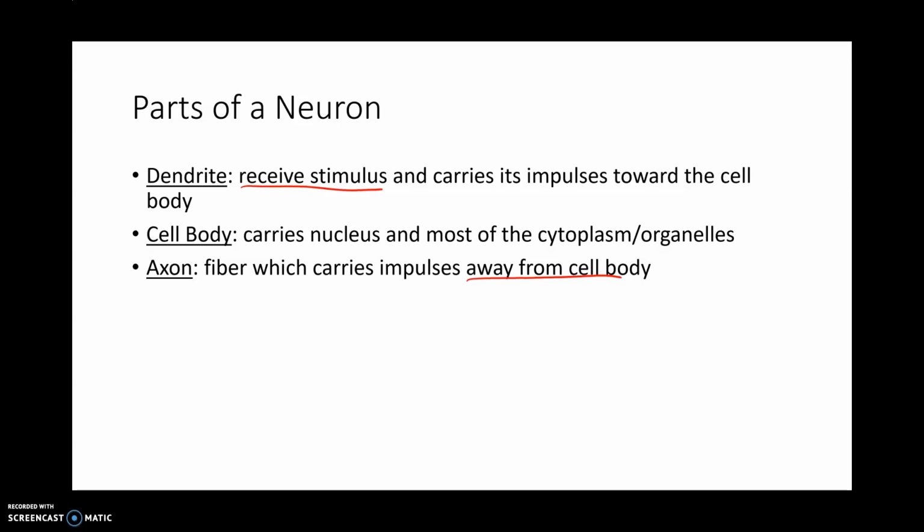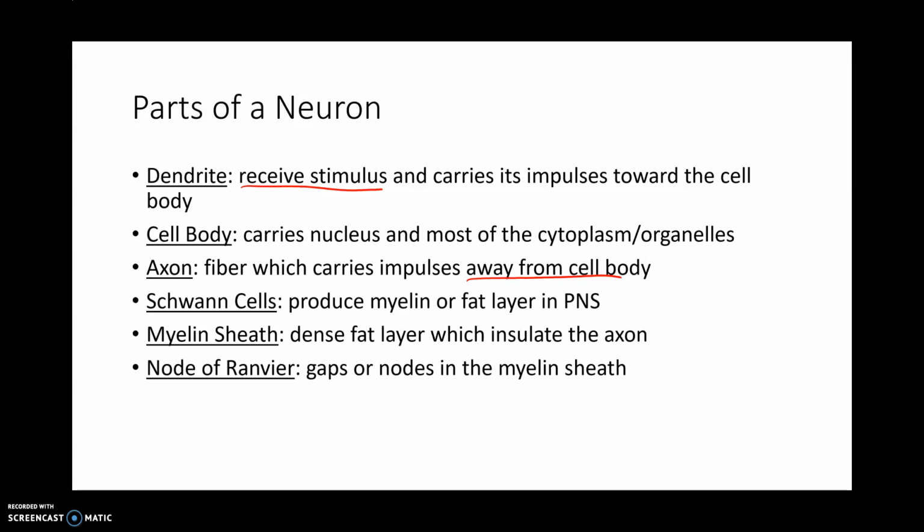Some more important details for our neuron. We're also going to see Schwann cells, which produce myelin or fat layers in the peripheral nervous system. We're also going to see something called a myelin sheath, which is this dense fat layer, which is going to insulate our axon. And then our nodes of Ranvier is going to be gaps in the myelin sheath.